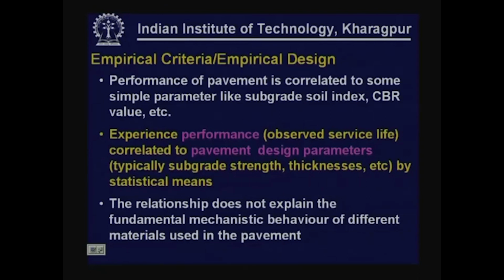These parameters normally do not explain what would happen to the material if it is subjected to a certain load, either static load or repeated load. So, whatever parameters that we select in an empirical design procedure, they are not adequate to explain the load versus stress strain behavior of the different types of material. So, we will not be in a position to take that into account if we go for an empirical approach.